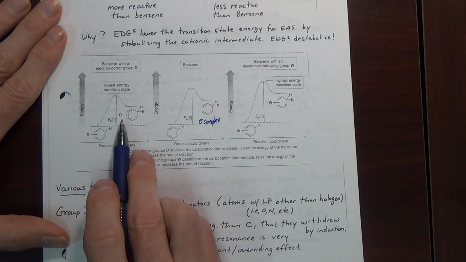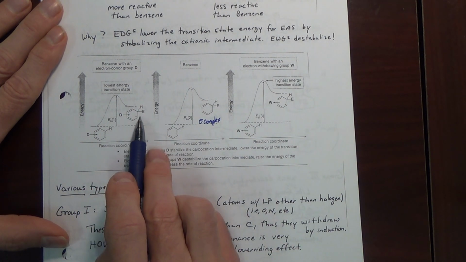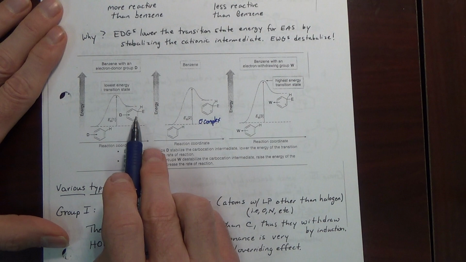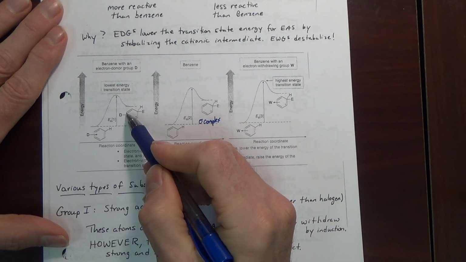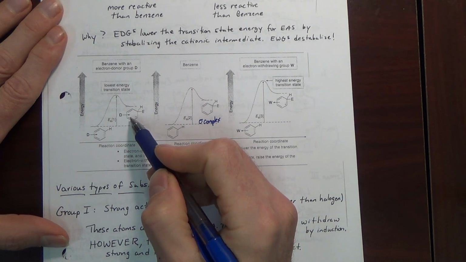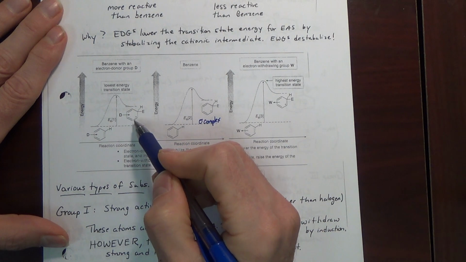If we have a donating group, a net donator on the ring, pumping electron density into the ring, that will stabilize this carbocation. Now we'll look at specifics of how this stabilizes it, a lot of times by resonance, sometimes by induction.